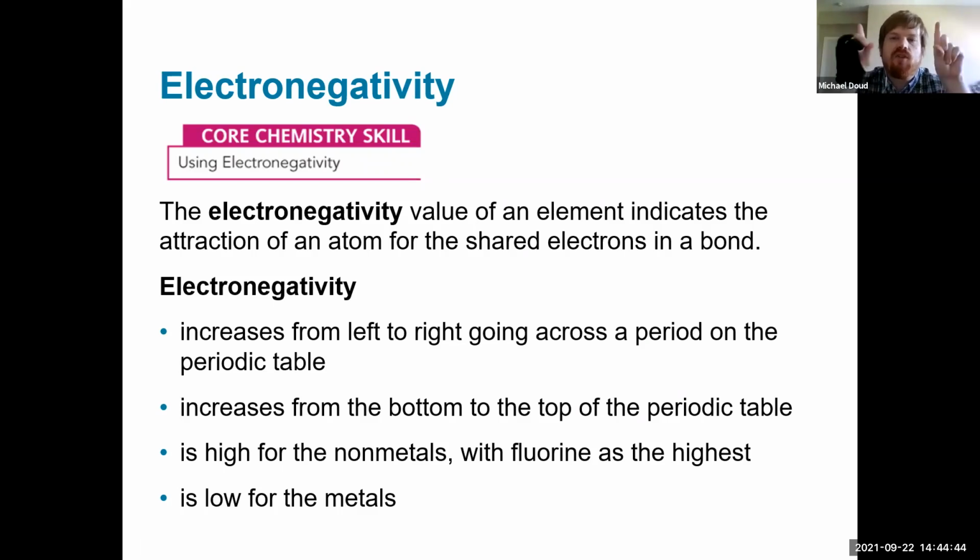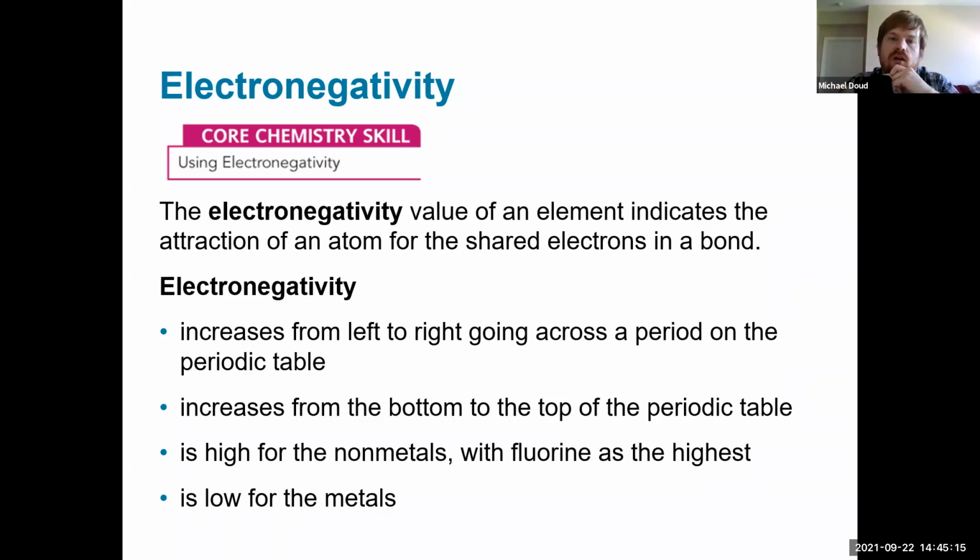If you have 2 atoms that are the same, like a hydrogen atom and a hydrogen atom, they are going to share the electrons in a bond equally with one another, because they have the same charges and the same valence shells, so there's nothing else to worry about. However, when we have 2 or more different atoms bonded together, all of a sudden some atoms pull on those shared electrons more than others.